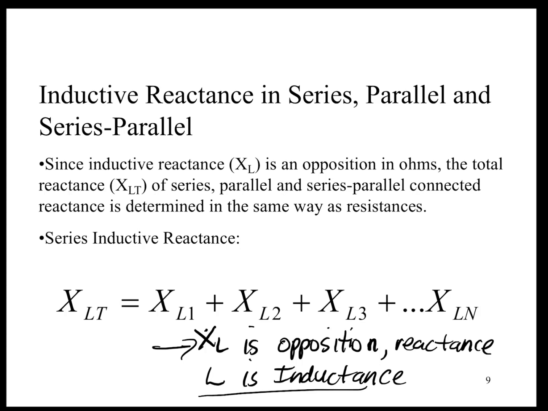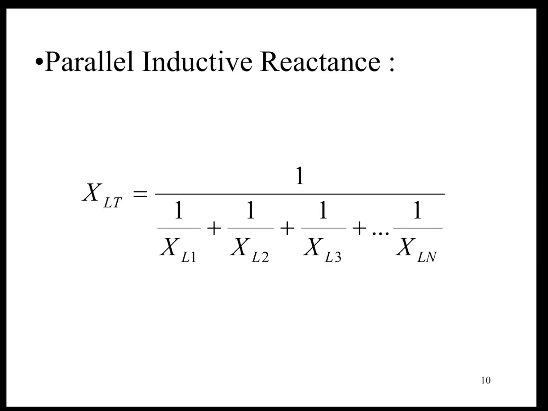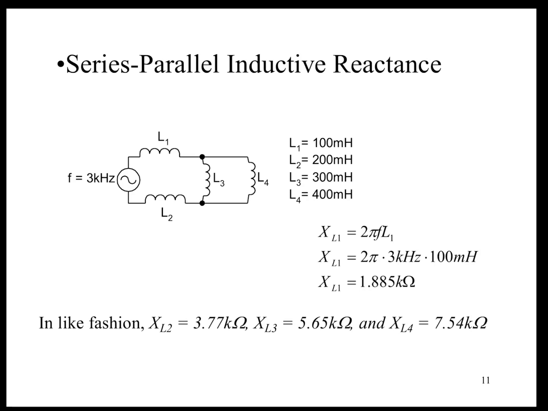When it comes to L, its inductance value, remember that's determined by its physical makeup: the number of turns in the coil, the mu of the core of the coil, the length of the coil, and so on. So we have to pay attention to whether we're talking about reactance or inductance. You can see in parallel, you're just using the sum of the reciprocals, or product over sum.